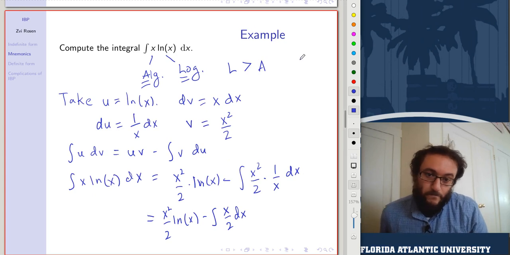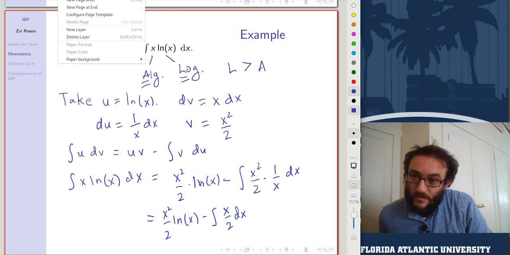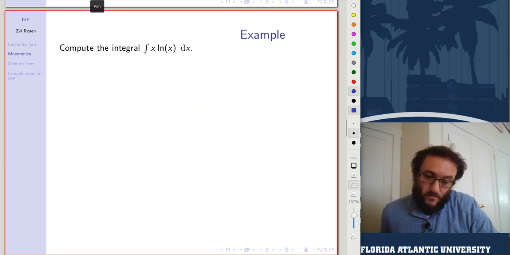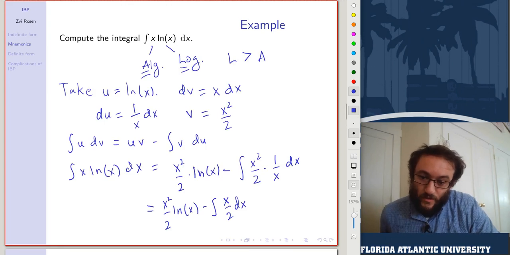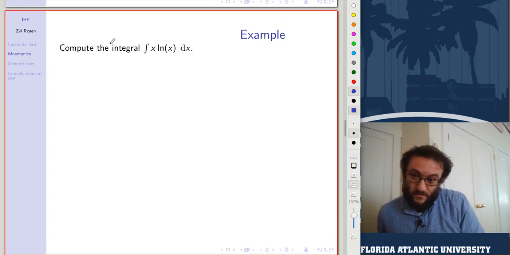Okay, and I will give us an extra page. So we had x squared over 2 ln x minus the integral of x over 2 dx.